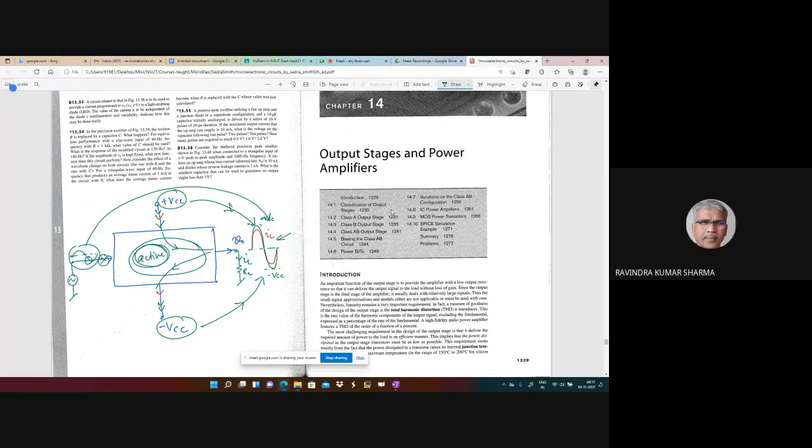Okay, so ये भी बात नोटिस करने की है कि मैक्सिमम और मिनिमम जो स्विंग है सिग्नल का, that is also decided by the bias, plus VCC and the minus VCC, right? And the current swing is decided by the load, right?